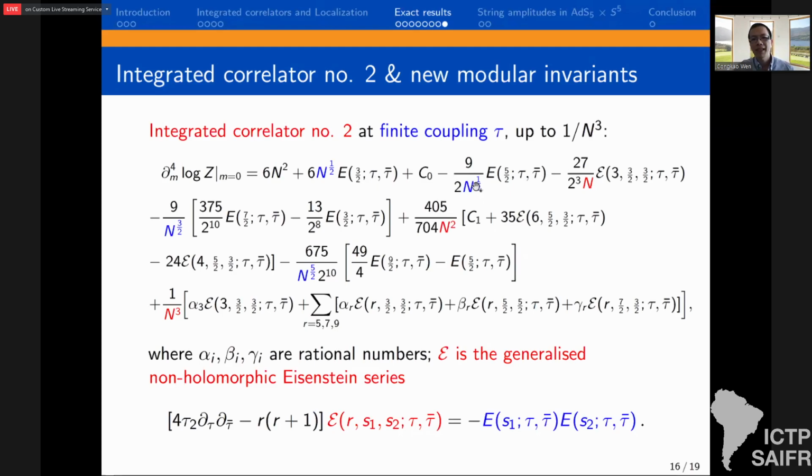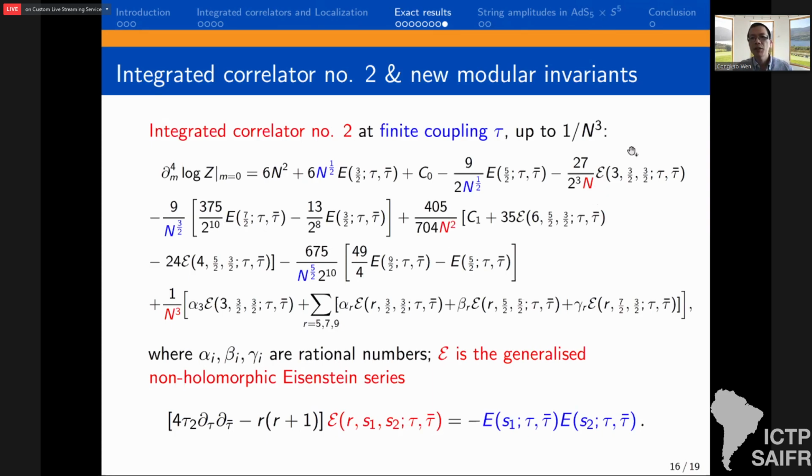You notice that, besides half-integer powers of N appearing, we now also have integer powers of N. For the half-integer power terms, the coefficient, again, is given by a linear combination of non-holomorphic Einstein series. In fact, at each order, the same non-holomorphic Einstein series appear, but just with different coefficients.